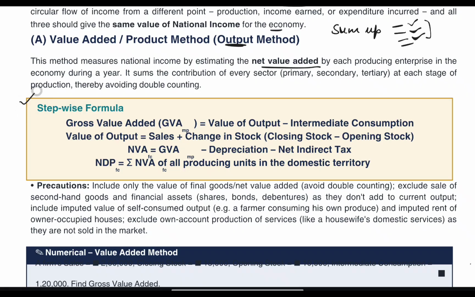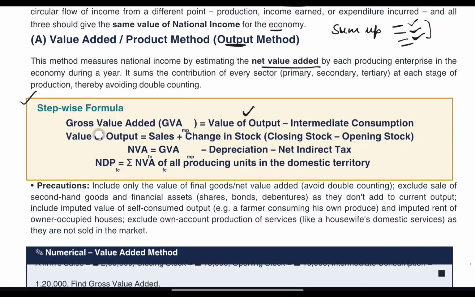The formula for this method is: gross value added is equal to value of output minus intermediate consumption, and value of output is equal to sales plus change in stock. What is change in stock? Closing stock minus opening stock.